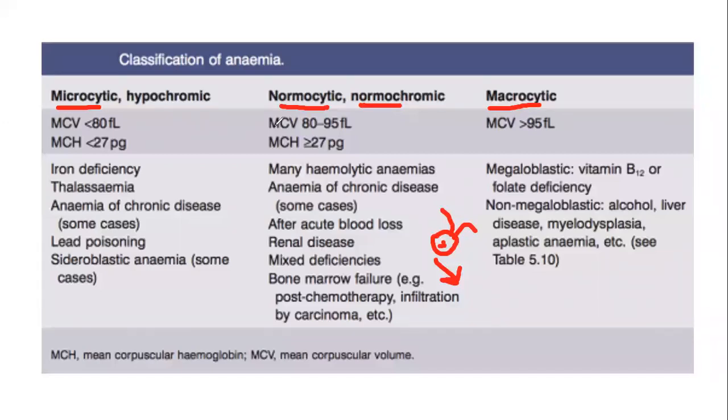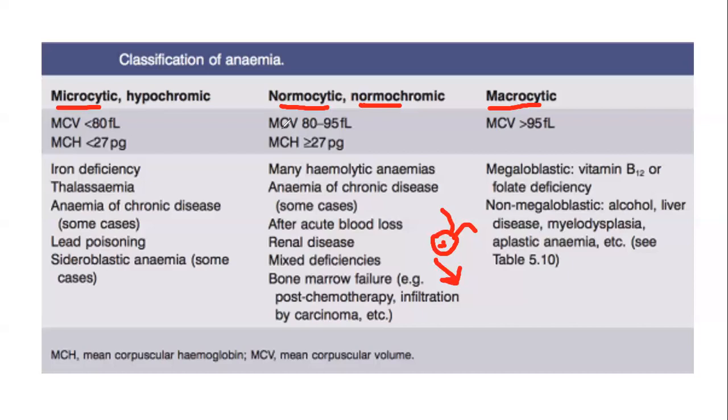If the MCV is bigger than normal, we can say macrocytic, or if it is smaller than normal, we say microcytic. So the mean corpuscular volume is the tool to say normocytic, macrocytic, or microcytic.